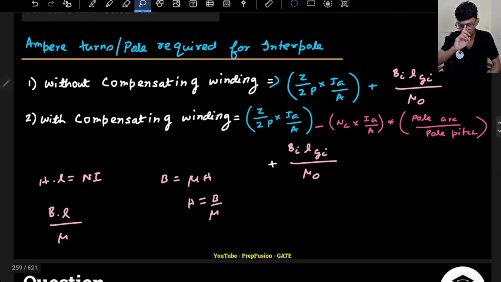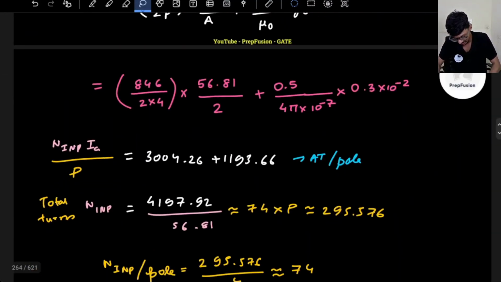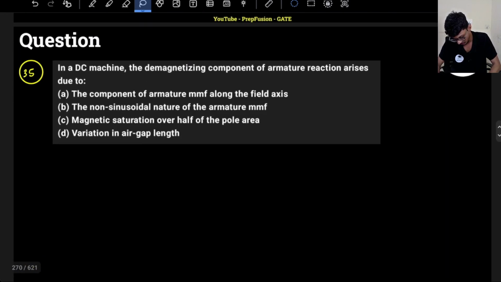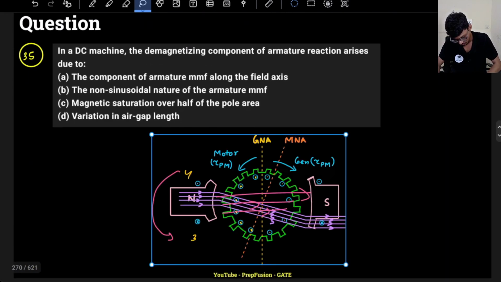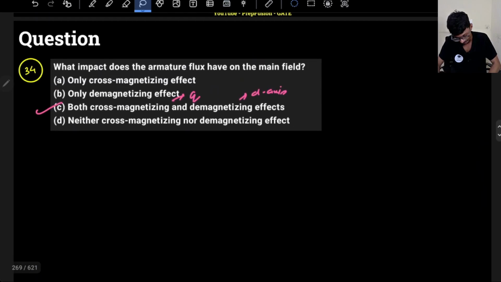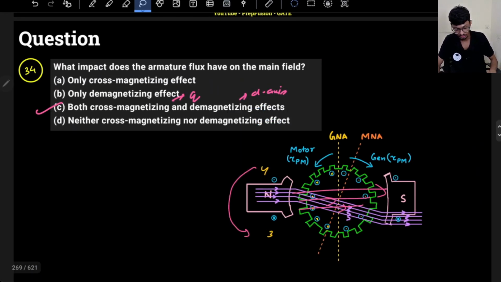Along the q axis, I know that the q axis is the cross magnetizing flux basically. I'll copy this here as well, because I think this would not have been cleared. Just give me one second.